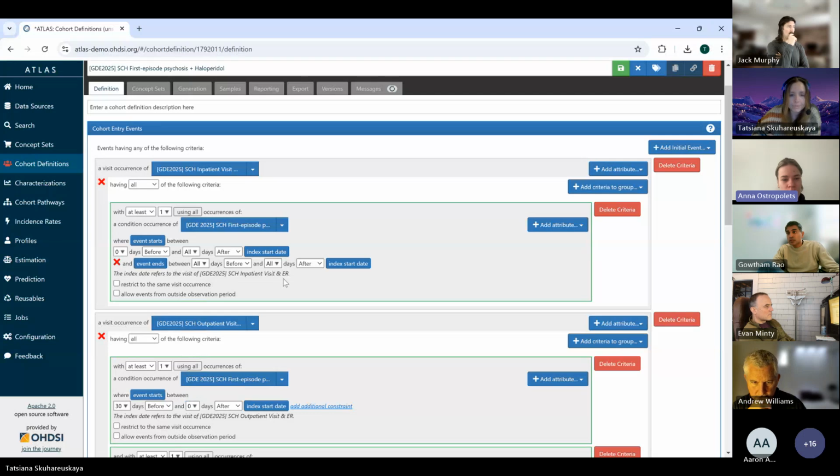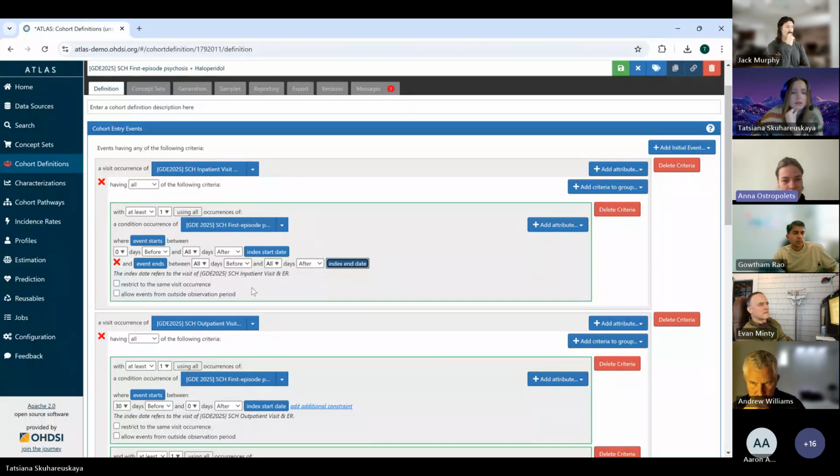Change index start date to index end date. Like, below. Yeah, here, okay. You were right, slightly to the right.